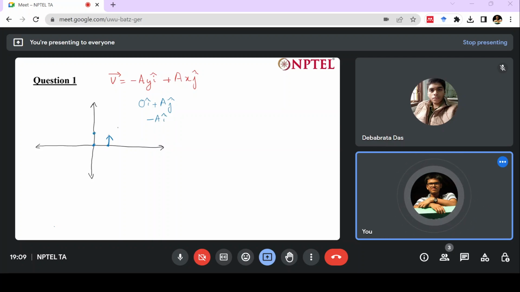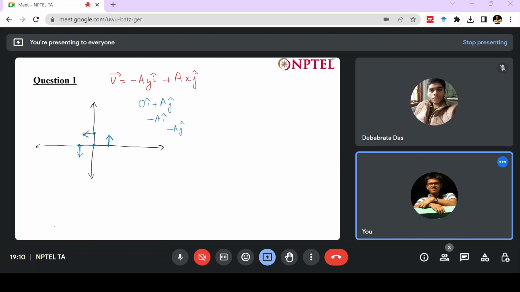If I plot that, it will be in this direction. Similarly, if I take this point, minus 1 comma 0, I get minus a j cap, because y is 0 and x is minus 1. So this is in the negative direction and will face this way.